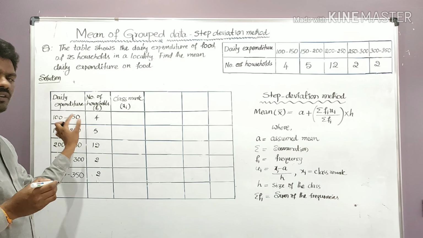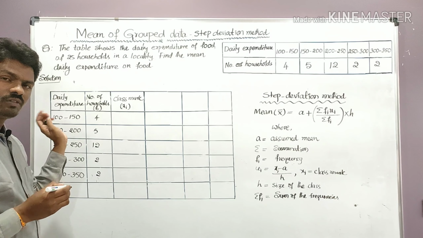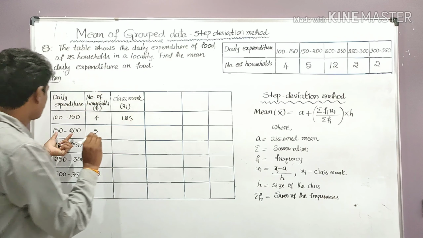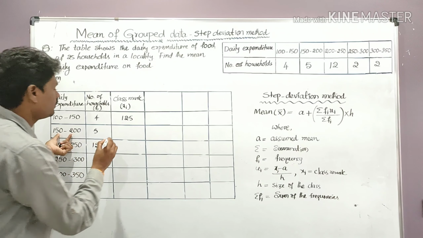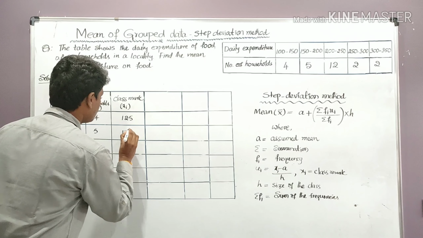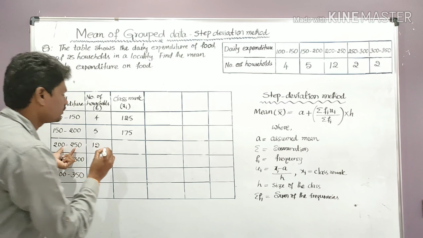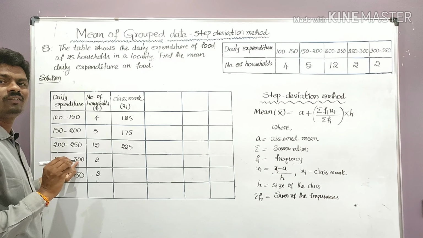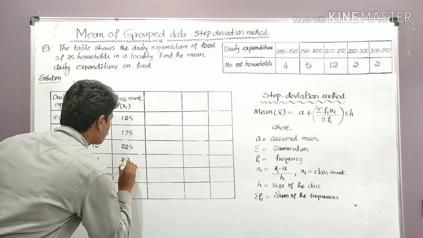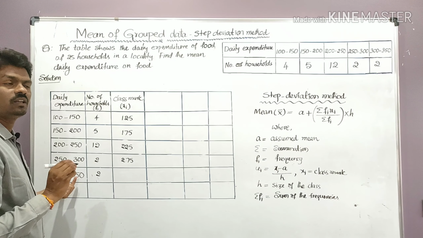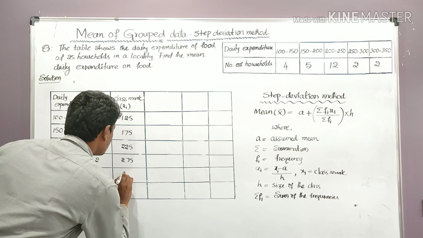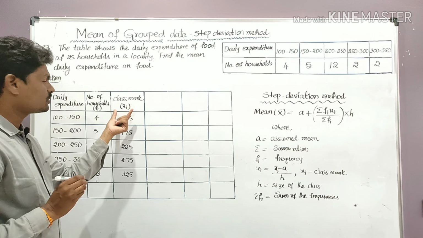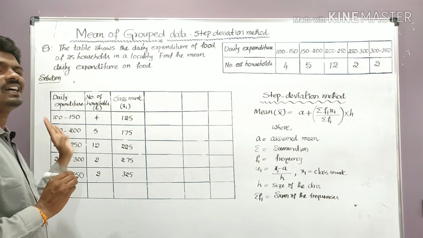So 100 plus 150 divided by 2. 100 plus 150 is 250, divided by 2 is 125, student. 150 plus 200, 350 divided by 2 is 175. 200 plus 250, 450 divided by 2 is 225. 250 plus 300, 550 divided by 2 is 275. 300 plus 350 is 650, divided by 2 is 325. So these are the class marks, student.